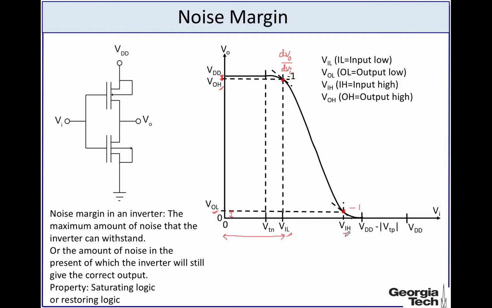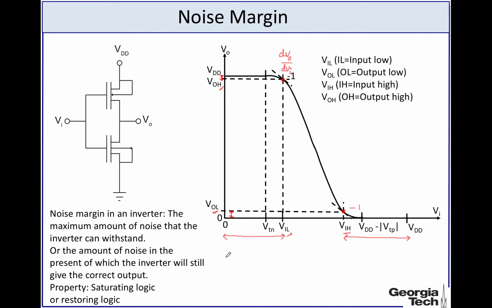And similarly, you can tolerate a variation of this much in the input voltage when it's supposed to represent a logic level 1, because in that case the variation of output voltage is between 0 volt and VOH, which you can tolerate. And what noise margin tells you is the maximum amount of noise that an inverter can withstand, or the amount of noise in the presence of which the inverter will still give you a correct output.